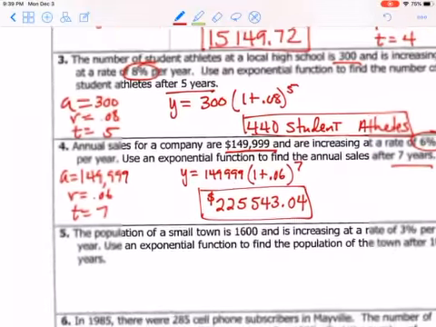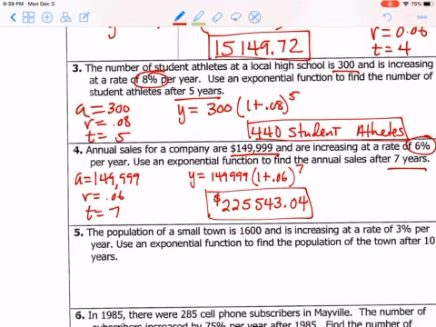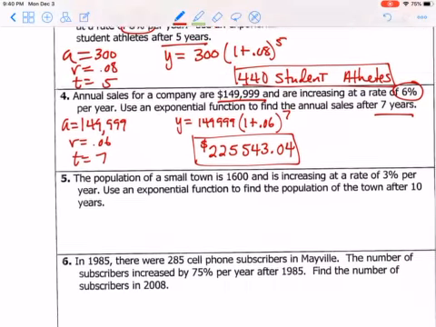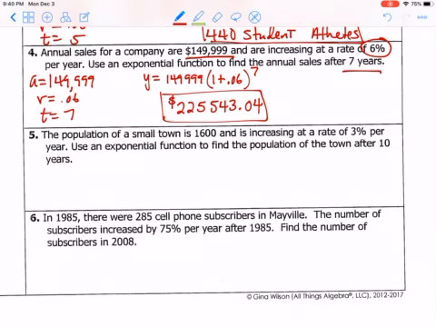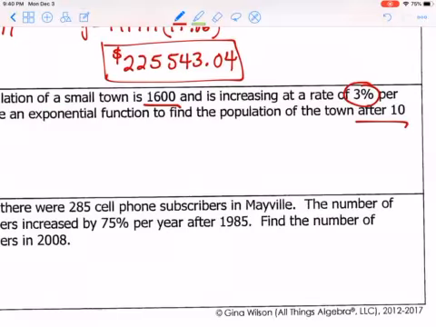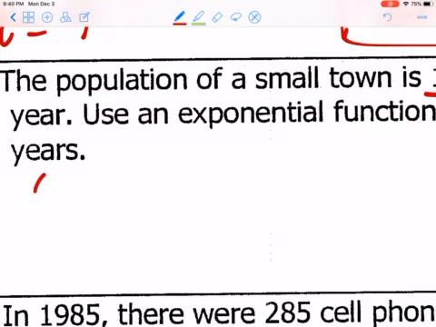Most of these are going to consist of money, but as you saw, number 3 was talking about student athletes. Number 5, the population of a small town is 1,600. There's our initial, and it's increasing at a rate of 3%. Use an exponential function to find the population of the town after 10 years. So, again, our A is 1,600.